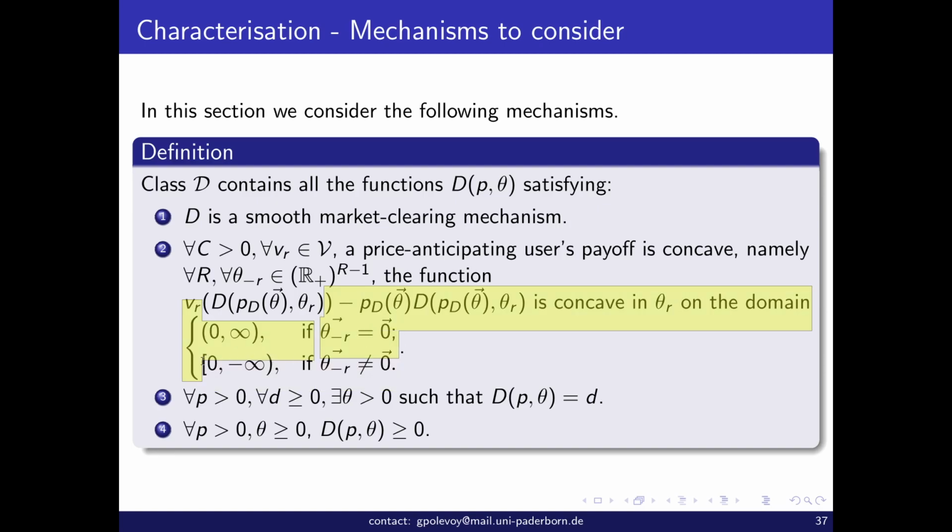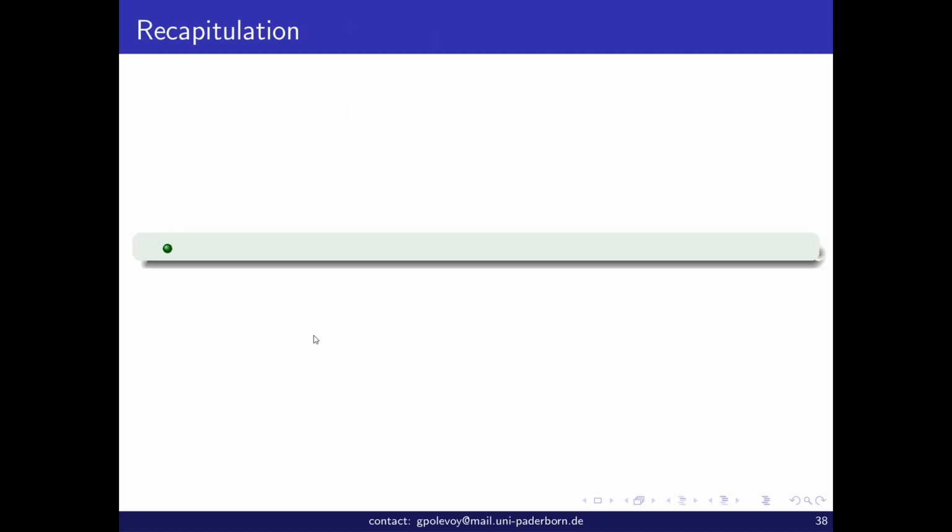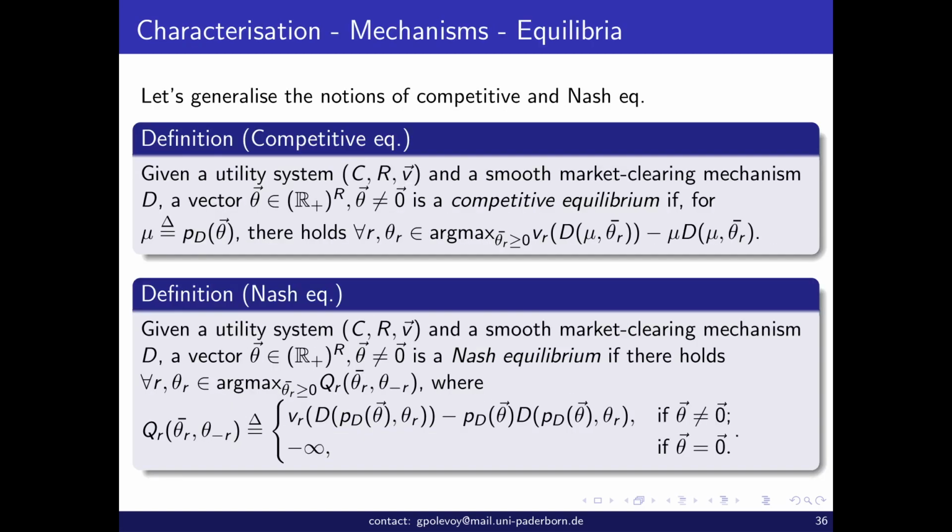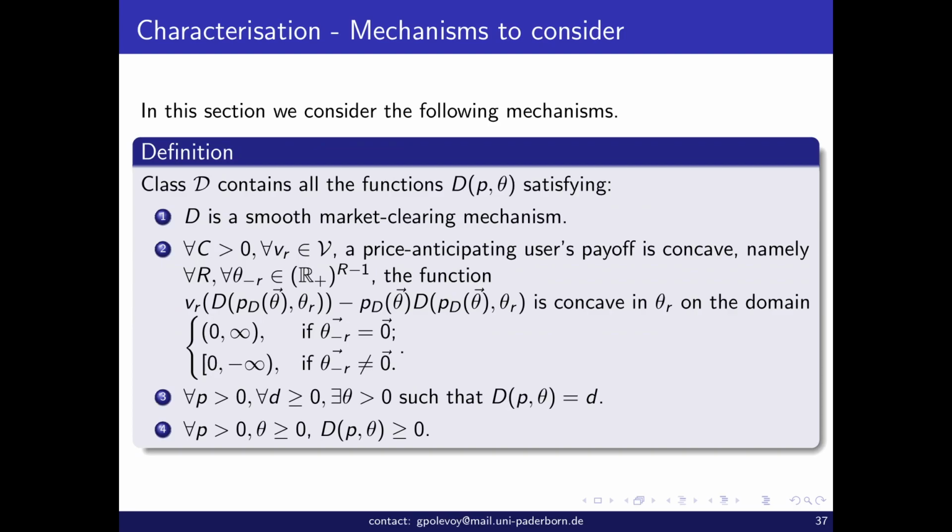I may also be zero, but if I bid zero, I remind you that it will eventually cause everyone to get minus infinity, and I don't care. I don't require concavity in this domain, so therefore I don't require concavity at zero when the bid vector is zero. And if the bid vector is not zero, then I may also reasonably be zero, so my requirement for concavity includes the point zero.